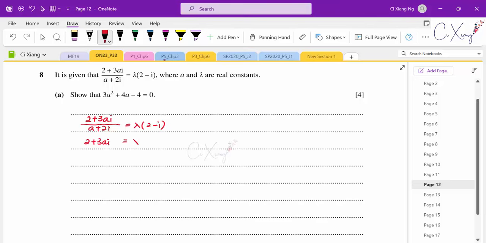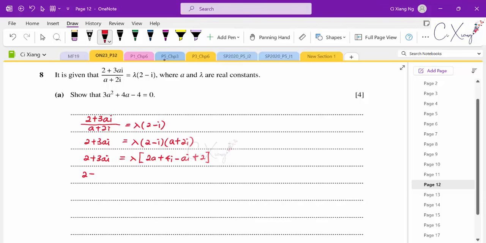Therefore, I bring it over and multiply with the terms on the right, so I have a plus 2i on the right-hand side. Okay, so expand everything. After I expand the two brackets here, I have 2a plus 4i, then minus ai, then negative 2 times negative 1, so you have a plus 2.